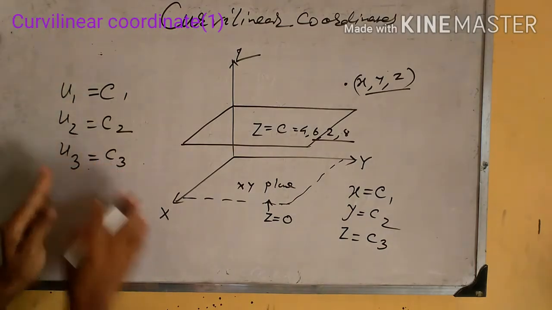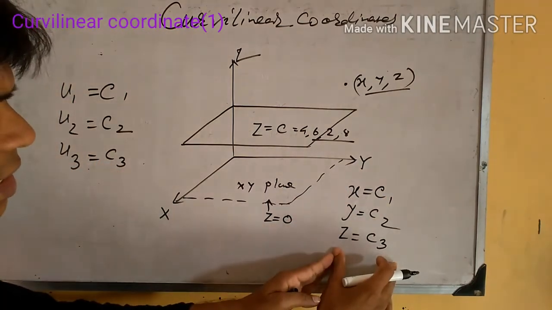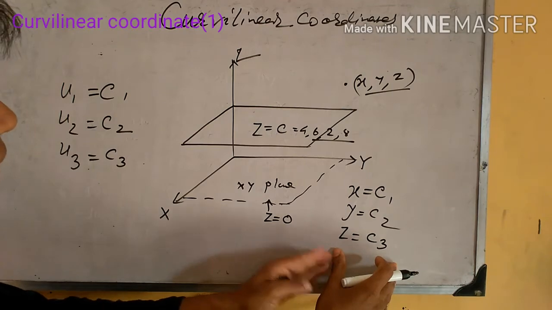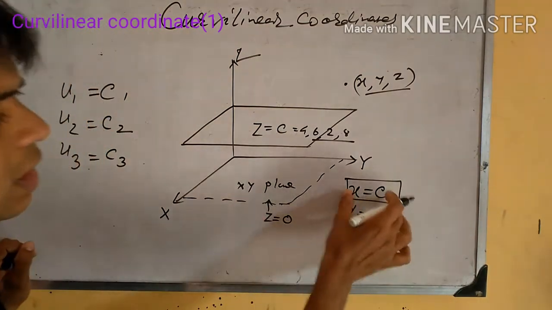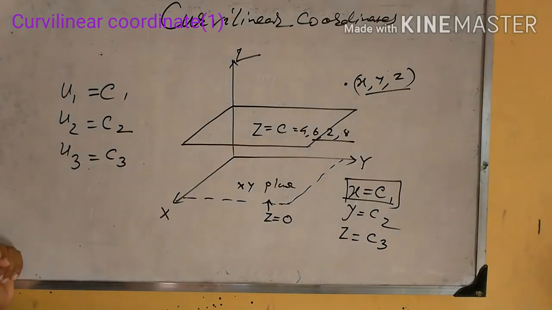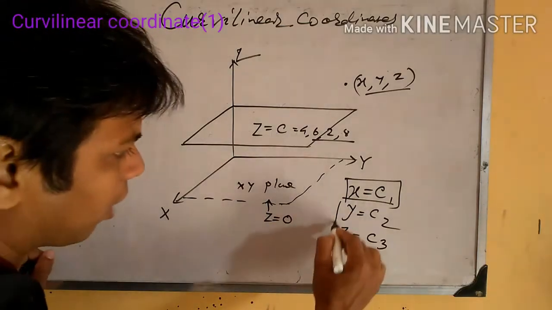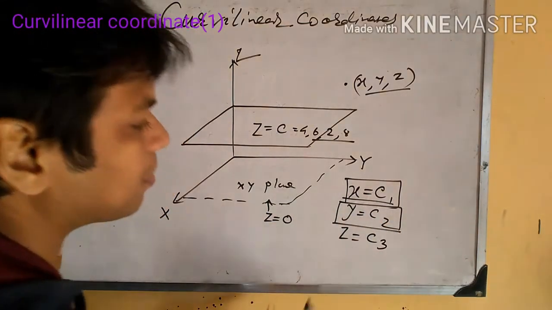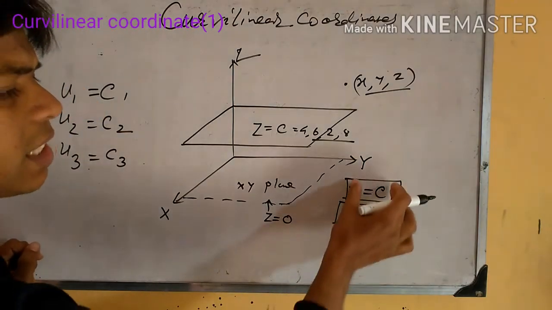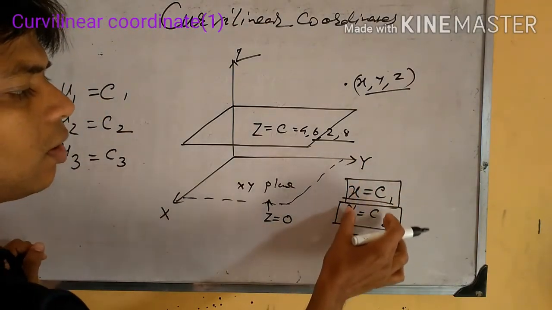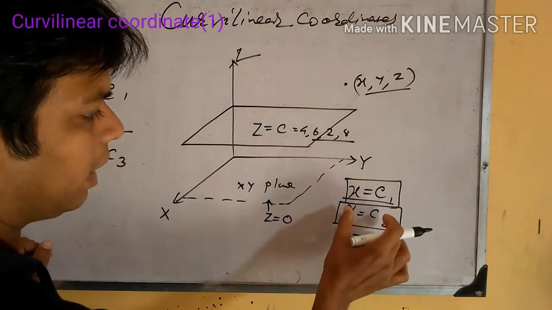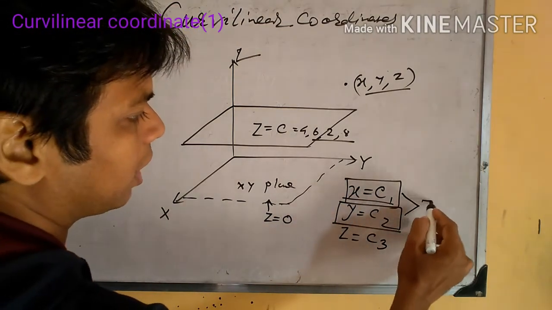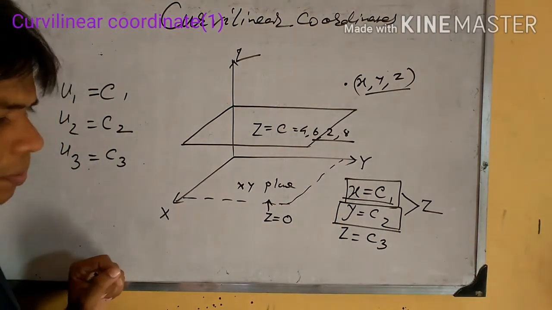Just like this set of equations, x equals c1 and y equals c2, when the intersection of these two planes is found, it will surely be the z axis.